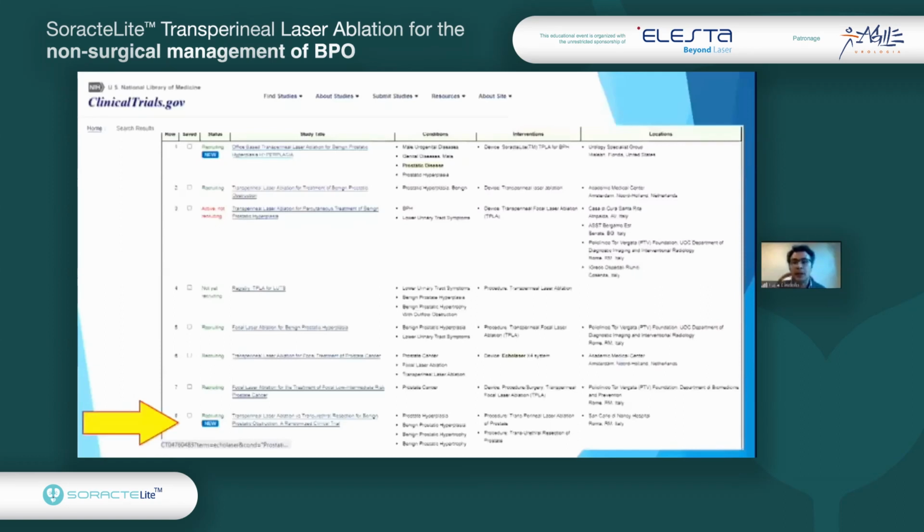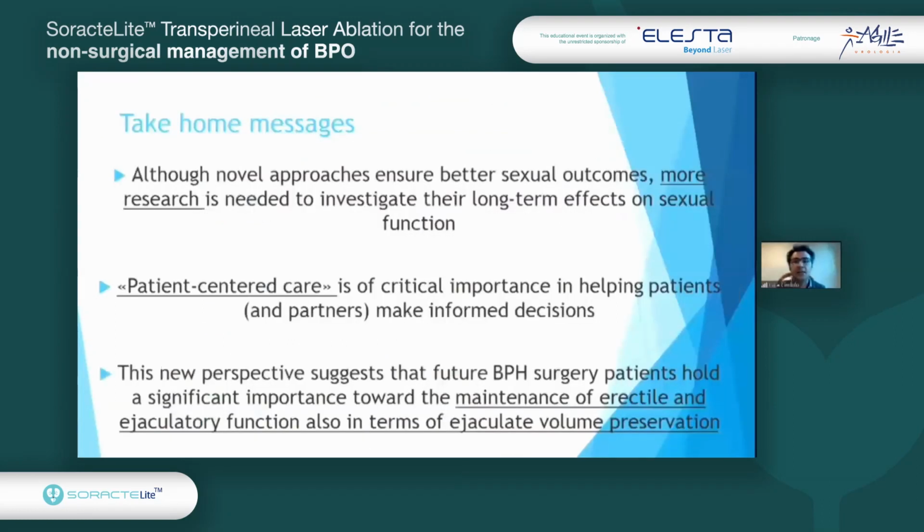And this is what Professor Bove is doing, because on clinicaltrials.gov we can see how this technology will be studied in his center. We have to keep in mind that novel techniques should be investigated, not only in the short term, but also for long-term effects.